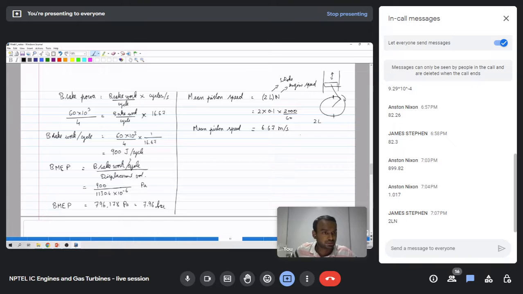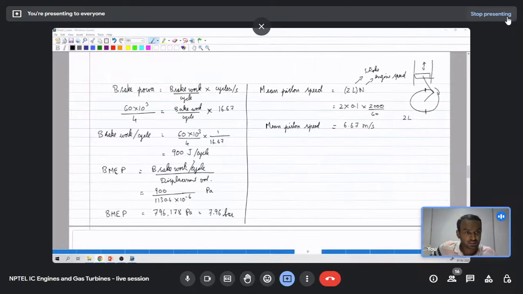Okay, 40 is too high. I think even F1 engines won't have 40. For your information, F1 engines run at say 20,000 rpm, and the last F1 engine in 2022 had a displacement volume of 1.6 liters, 4-cylinder engine, and goes as high as 20,000 rpm.